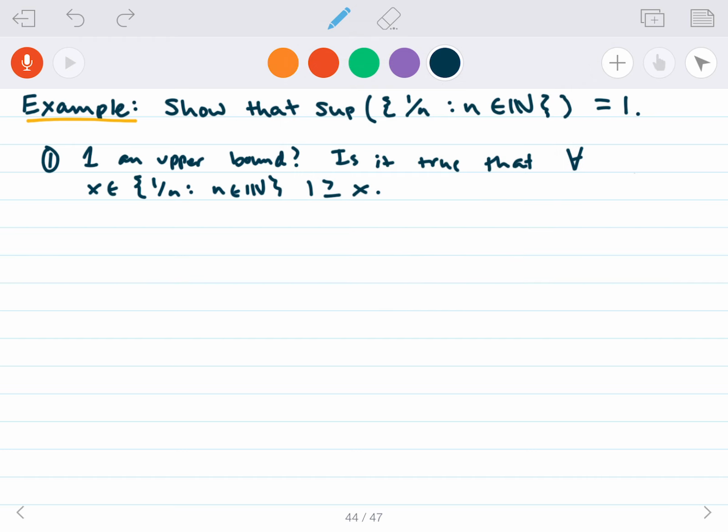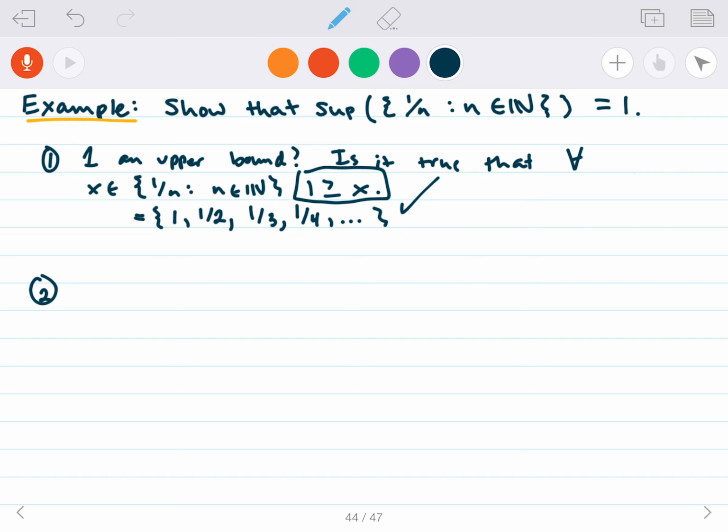So our set is, when n is 1, 1 over 1. When n is 2, 1 over 2, and so forth. So the set is strictly decreasing, and so we do indeed have 1 is bigger than or equal to any x in this set. Okay, so that's true.